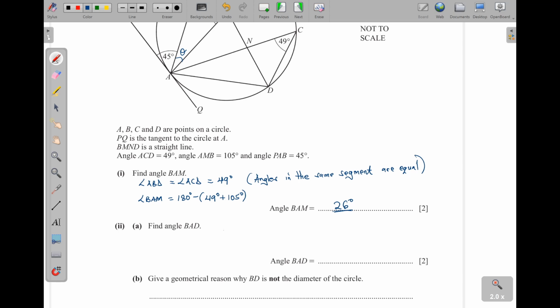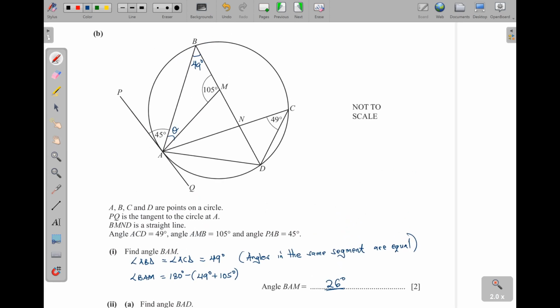Then Roman 2 part A, find angle BAD. Angle BAD. Let's check it out here. Angle BAD. So we want this one here. Okay. Angle BAD.